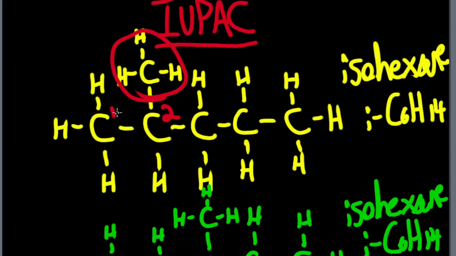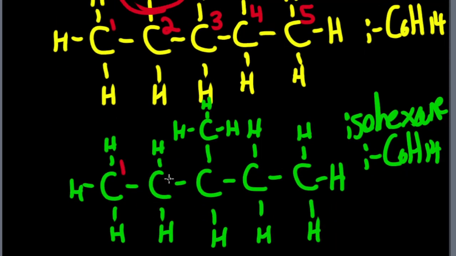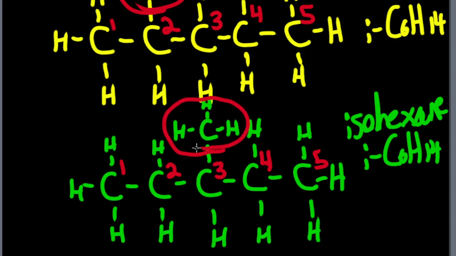If I were to name this 1, 2, 3, 4, 5, I've got it on the second carbon, whereas this one I've got it on 1, 2, 3, 4, 5. I've got it on the third carbon. Okay, so these are not the same molecule.